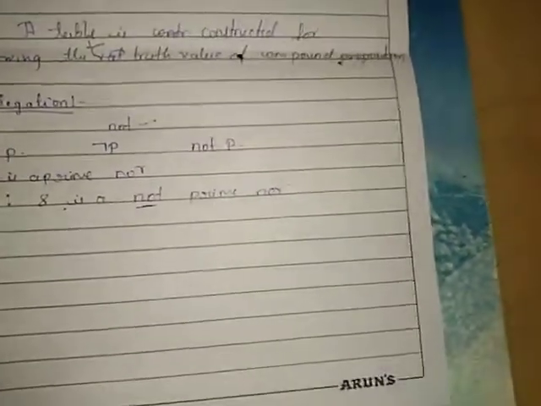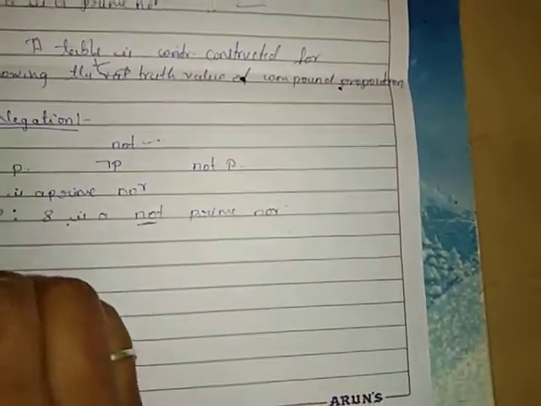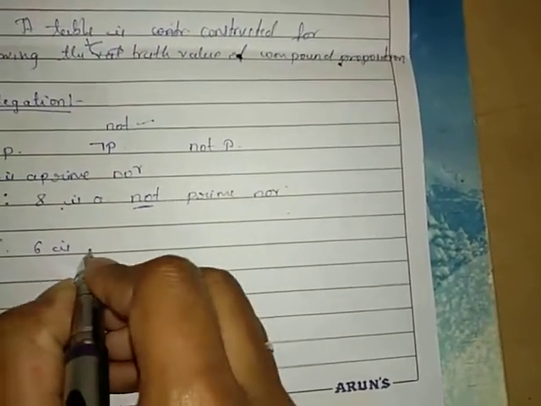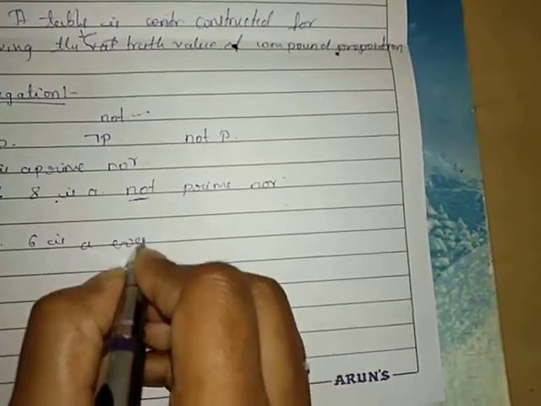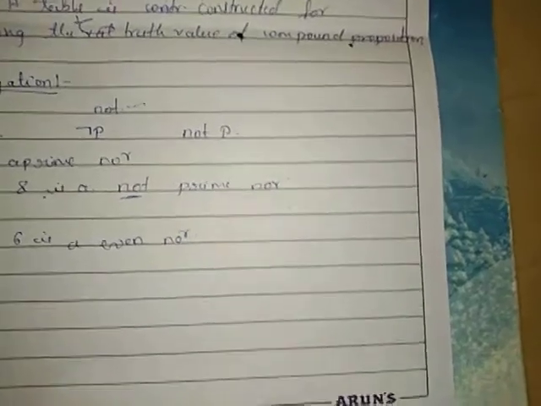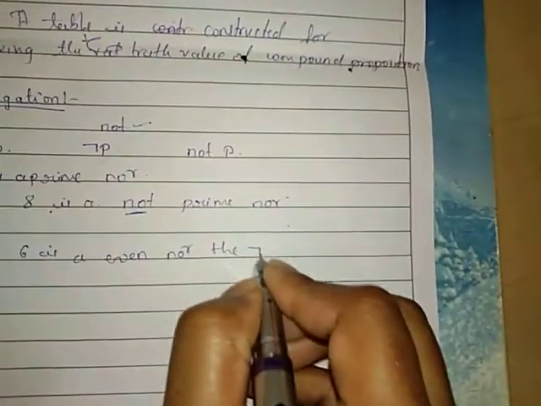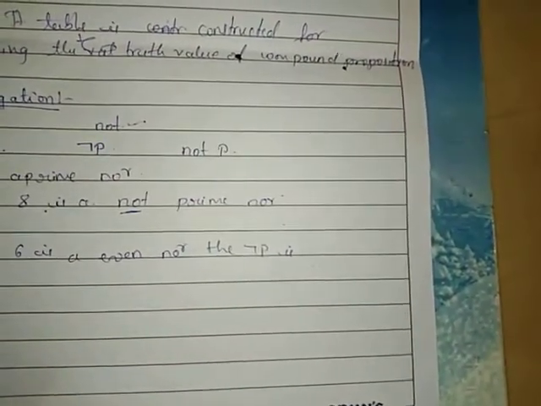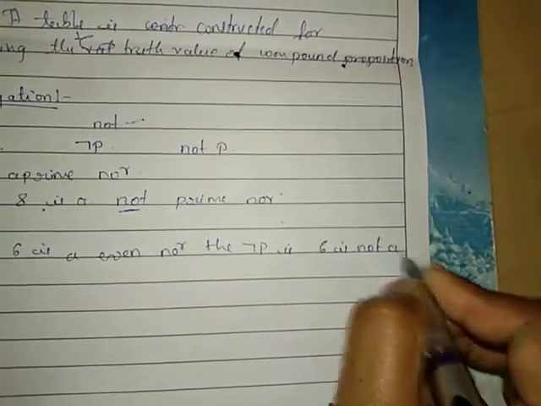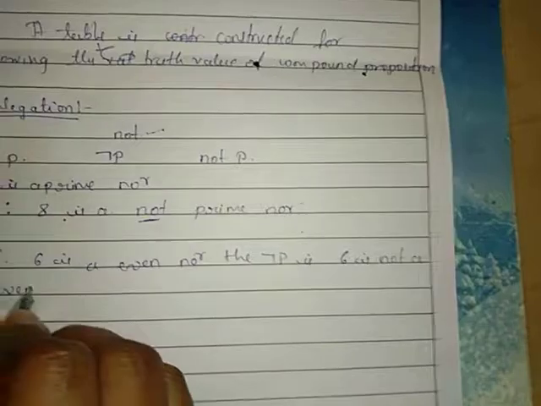I am taking one more example here. Consider the statement P: 6 is an even number. Then the negation of P is: 6 is not an even number.